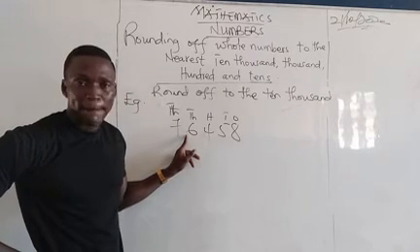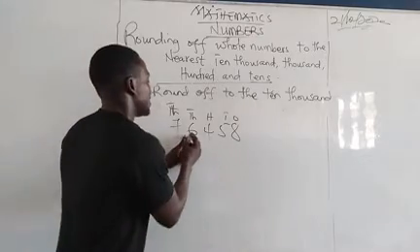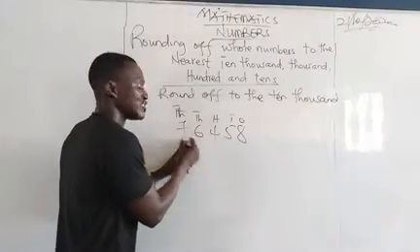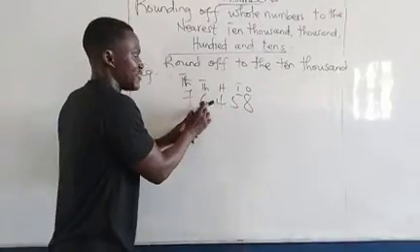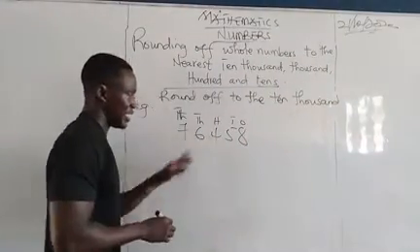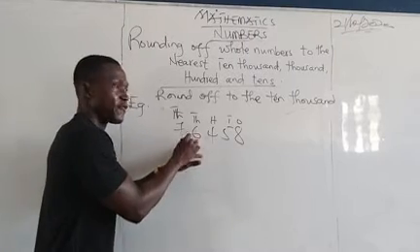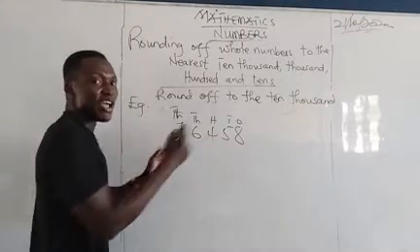If the next number to your targeted number is 5 and above, you add 1 to this, then you make the rest 0. If it is 4 and below, you just maintain your number, then you make the rest 0.